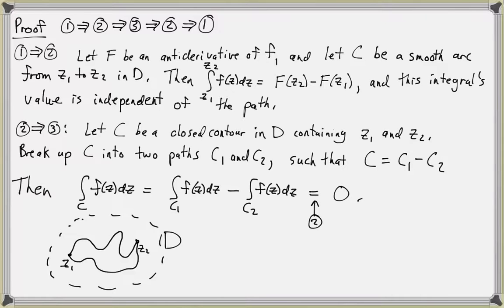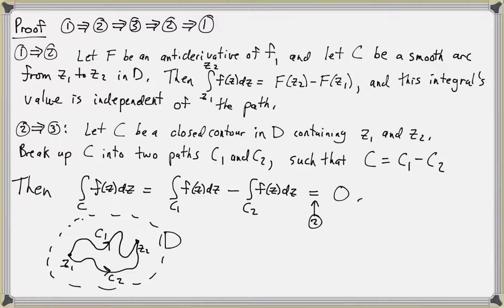We call C1 this upper half here, and we call C2 the other half. And so the contour C will be C1 minus C2. So it will be C2 traversed in the opposite direction. So we've just shown that 2 implies 3.